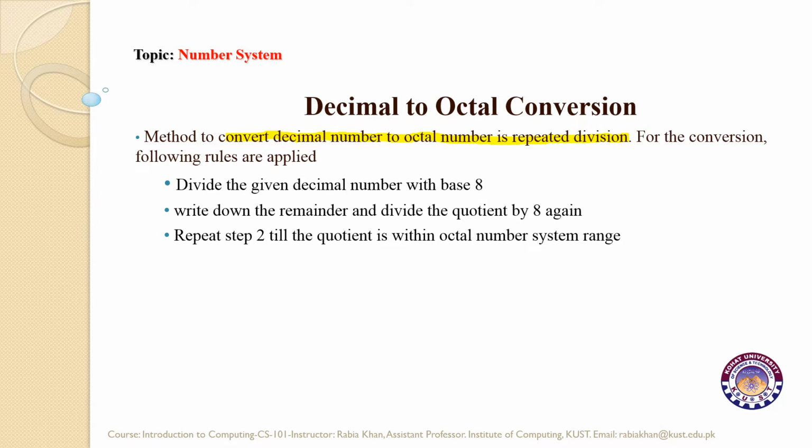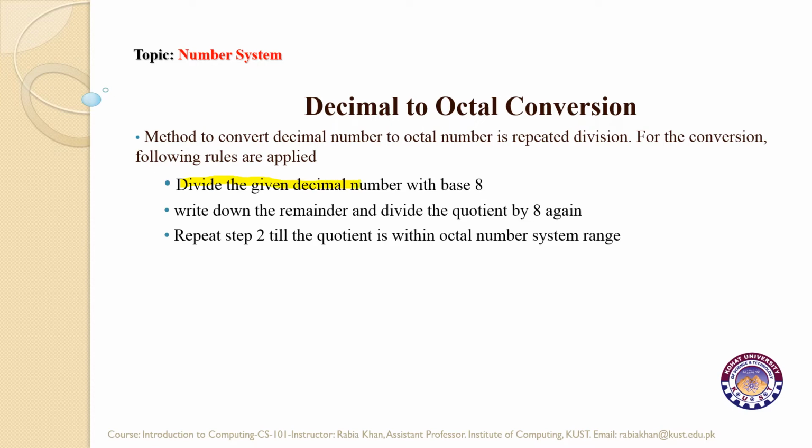If you remember, in previous discussion, we performed decimal number system to binary number system conversion, and for that we used division with base 2, and here for octal number system we have to perform division by base 8.